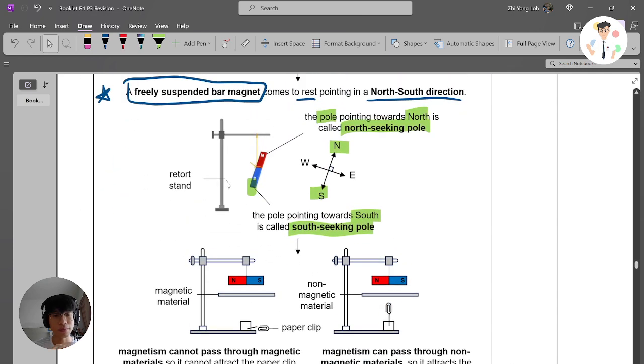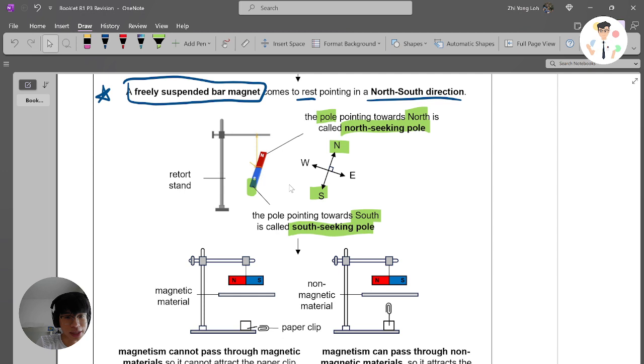This freely suspended magnet is sometimes also used in an experiment like this. They will put the same retort stand here, and they will put the freely suspended magnet here, but they will put in magnetic material or non-magnetic material. What is special about this is that when they put in magnetic material, as you can see here, the paper clip will not be attracted to go up.